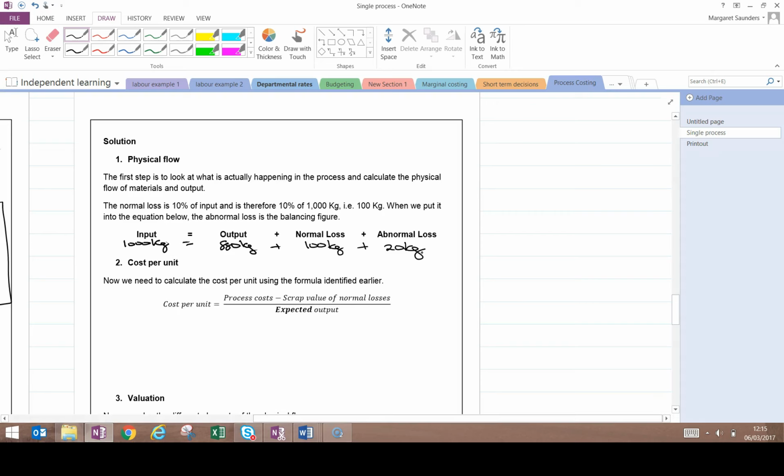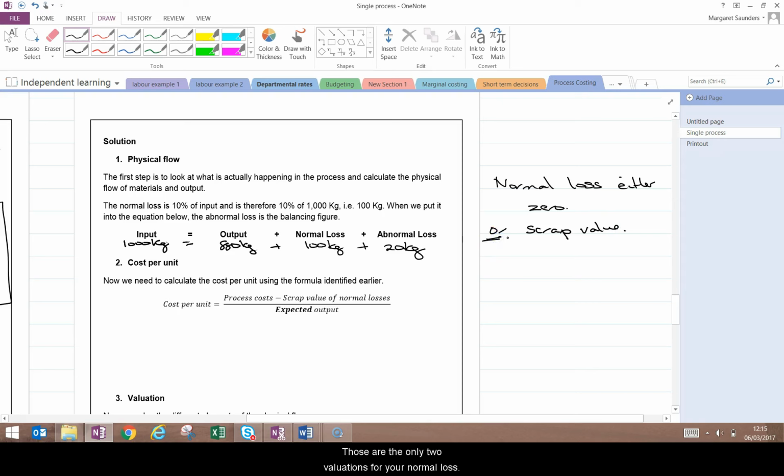Now we need to think about putting some values to the output, to the normal loss and to the abnormal loss. As was mentioned on the last recording, normal loss has two possible valuations. So just a reminder, normal loss, either put 0 valuation to it, or if we're given a scrap value, you value it at the scrap value.